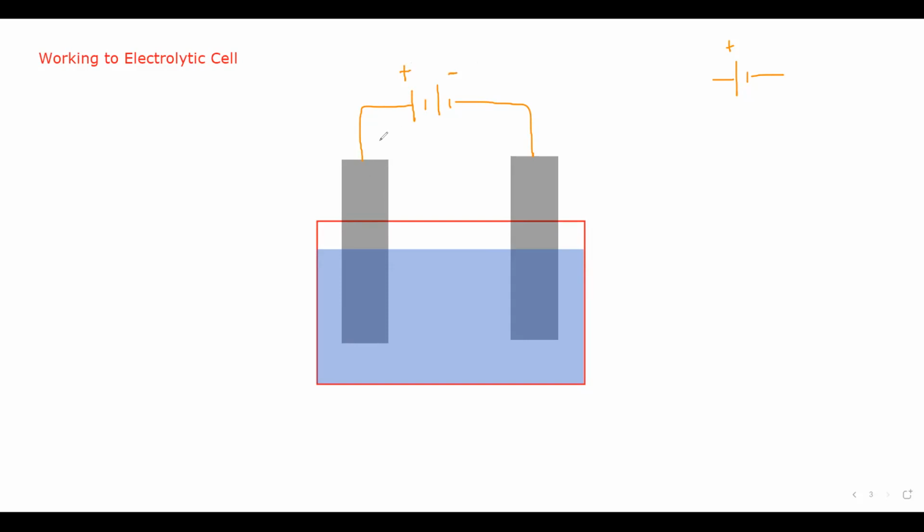The plates are known as electrodes. The left-hand side has an electrode and the right-hand side also has an electrode. Normally these electrodes are made up of either carbon, which is graphite, or platinum.